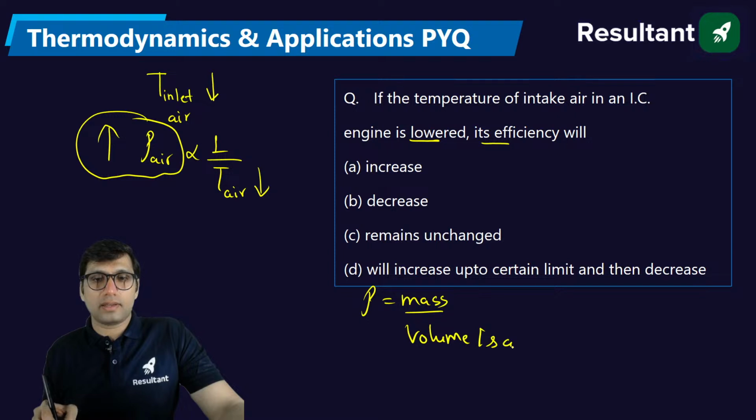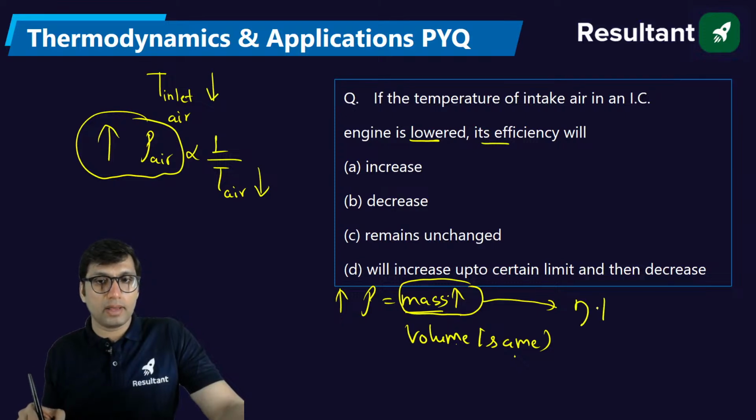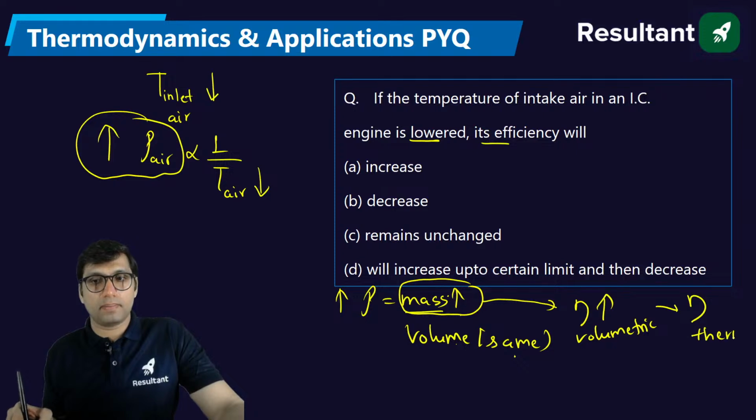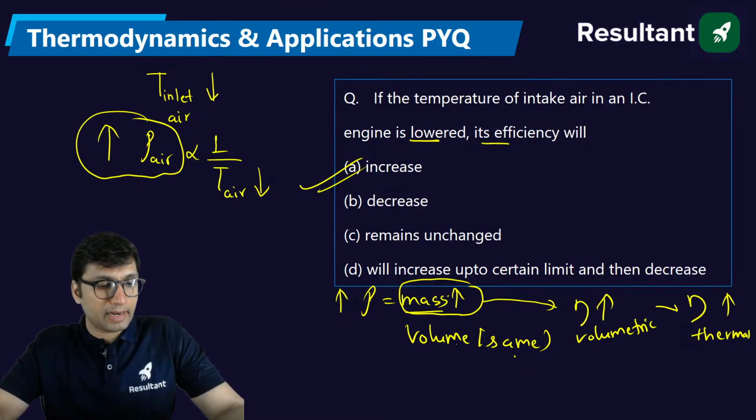The volume of the engine is the same, right? If the density is increased, the mass of the charge will increase. More mass enters the engine, so you can get more volumetric efficiency, and if the volumetric efficiency is more, then the thermal efficiency is also more. So the right answer is, if the intake temperature decreases, then efficiency will increase.